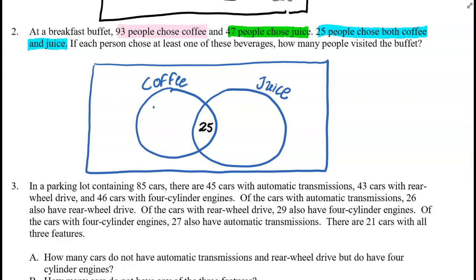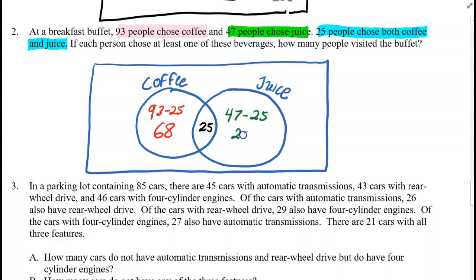To figure out the people that just chose coffee, that would be 93 take away 25. And please use your calculator so you avoid a math mistake. That's 68. The people that ordered juice was 47. So for the portion of the circle to the right, 47 take away 25.